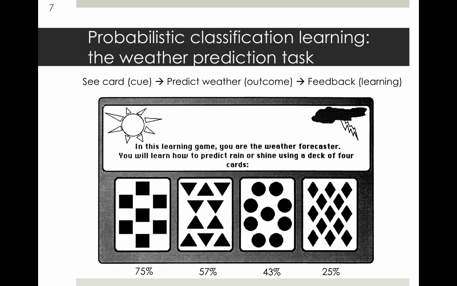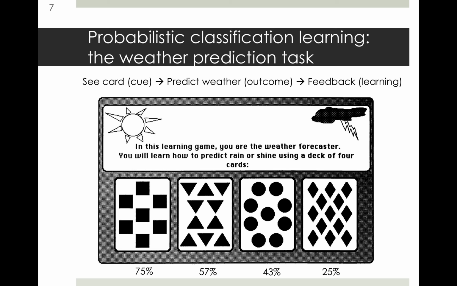And unbeknownst to the subject, these cards are associated with different probabilistic outcomes for whether you will actually get a rainy or a sunny outcome. Now, for every trial, you see a card, and you say whether you think it's going to be rainy or sunny, and then you're given some feedback, and you're told whether you were right or wrong.